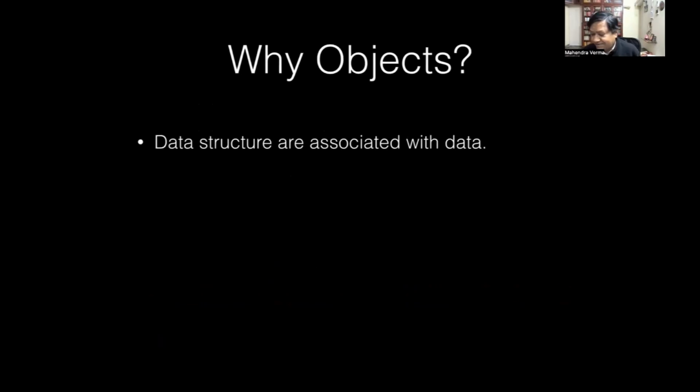Okay, why object? Normally, all languages, Fortran, C, provide data structures. Like array is a data structure. Integer is also a data structure, called integer data structure. So primitive data structures are provided by standard languages.